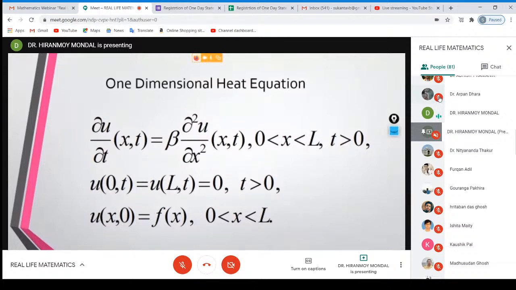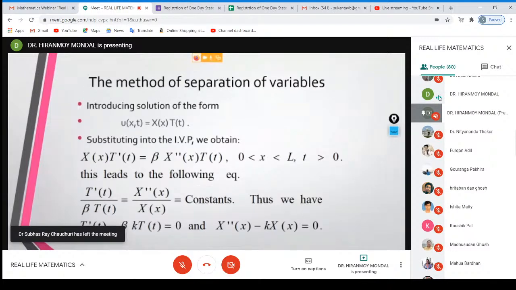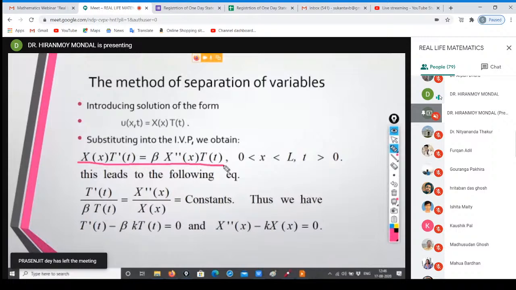So this is the equation I am showing. This is the one-dimensional heat equation. We show the separation of variables method, u equals X(x) T(t), and we substitute in the original equation and get this relation of X T dash and beta X double dash T, because these relations come from the heat equation, del u by del t.